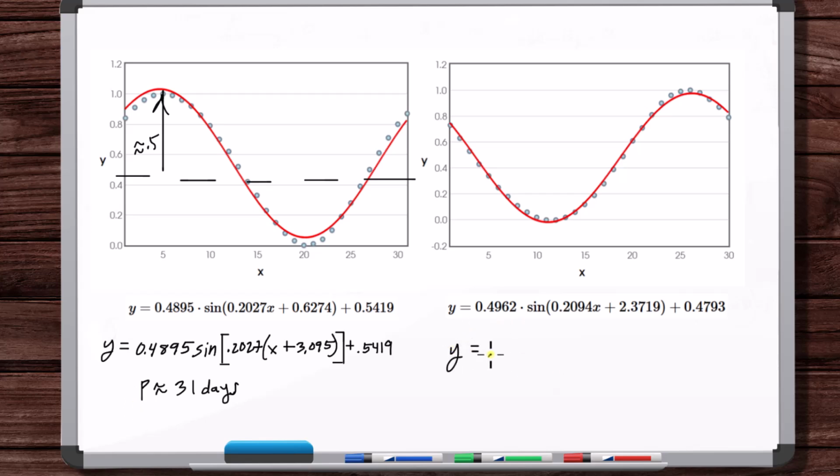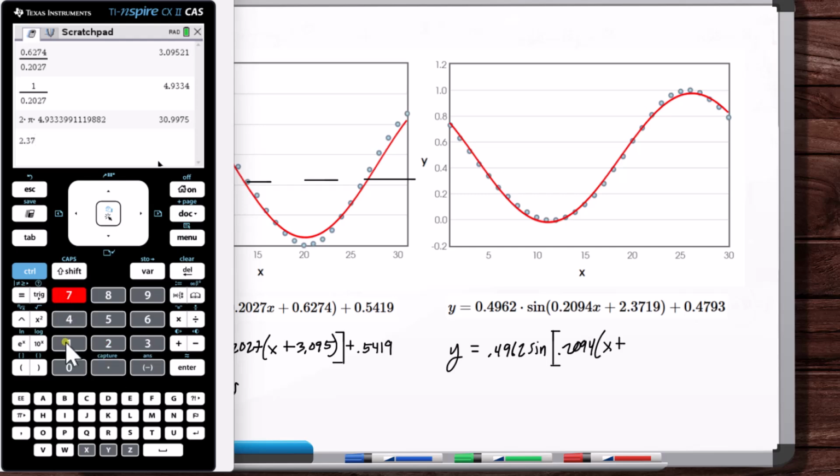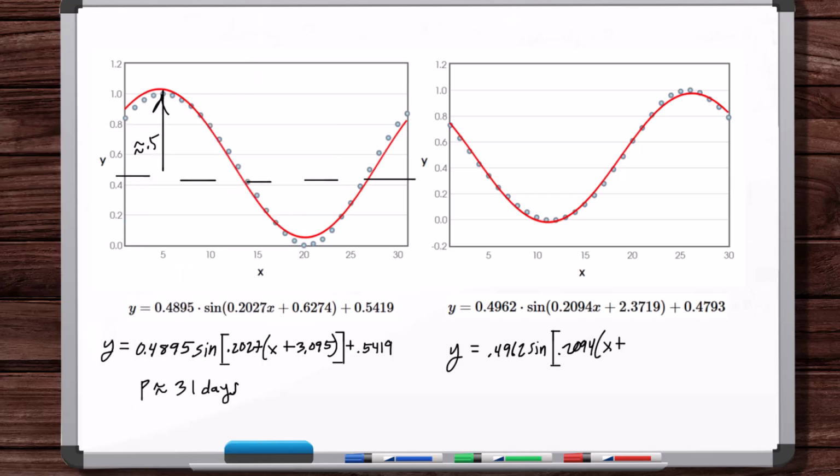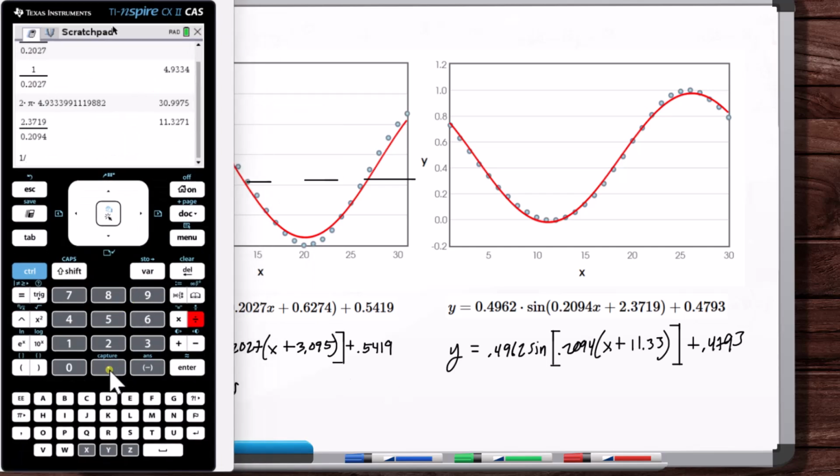Okay, if we look here, let's factor out. 0.2094, if we take the reciprocal of that, so we scaled up about the x-axis by this factor, so let's multiply that times 2 pi. 30.